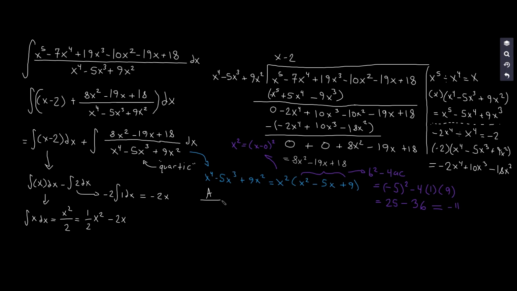So that means that it's going to have this type of form, x plus a squared plus b over x plus a. So this is what it's going to look like. This is for x squared, by the way.